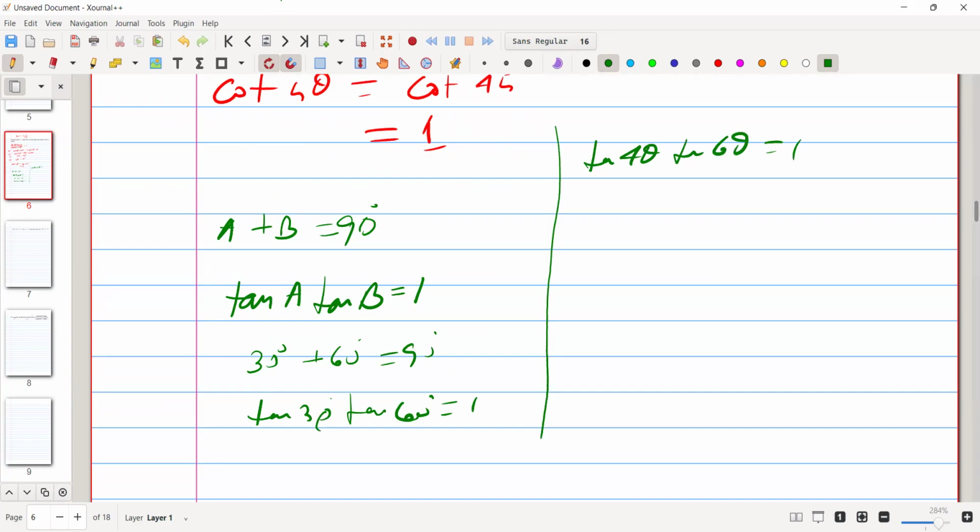So we can claim that 4 theta and 6 theta are complementary to each other. So the sum of them, that is 10 theta, is equal to 90. So 5 theta is equal to 45 degree. So cot 5 theta is equal to cot 45 degree. That is 1, which is the answer. So this is the trick to find the solution within a few seconds.